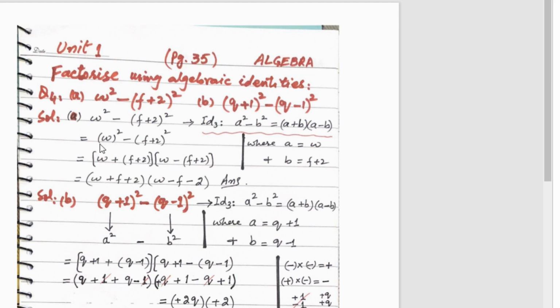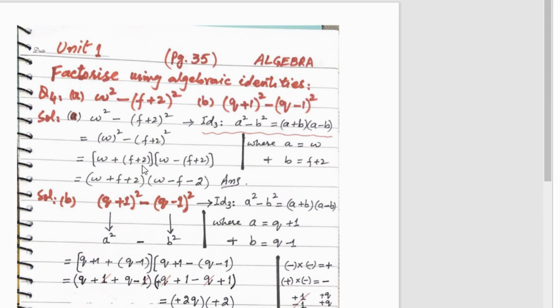First of all, in the second step, you will write down the terms in the form of brackets: w square minus (f plus 2) square, like this. Give brackets to both the terms. Now it is more clear, there are two squares. w is the replacement of a and f plus 2 is the replacement of b. So here we will write down a plus b and a minus b.